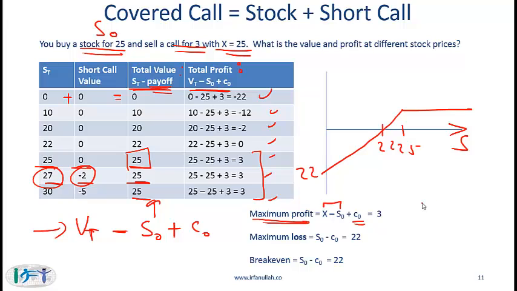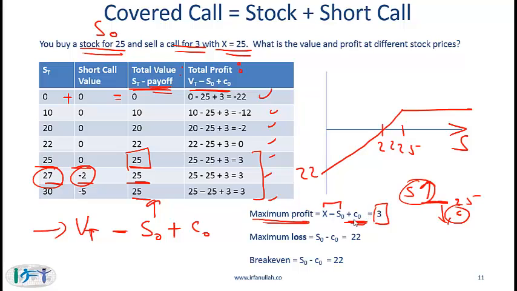The way you can think about it, the stock price and the exercise price is 25. If the stock starts going up, then you make money on the stock, but the same amount of money is lost on the short call. So the stock and short call payoff cancel each other out, but the price that you got for the call option, which is $3, is what you pocket.